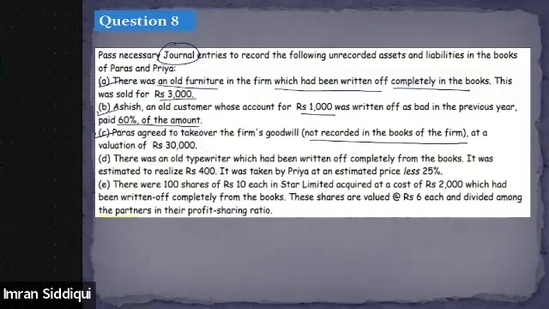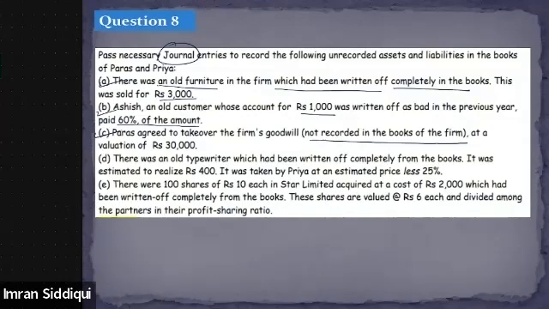See, it is completely irrelevant for the purpose of passing the journal entry whether any asset or liability was there in the books or not, whether it was recorded or not recorded. Whether or not the asset is recorded in the books, we need to pass the same journal entry.